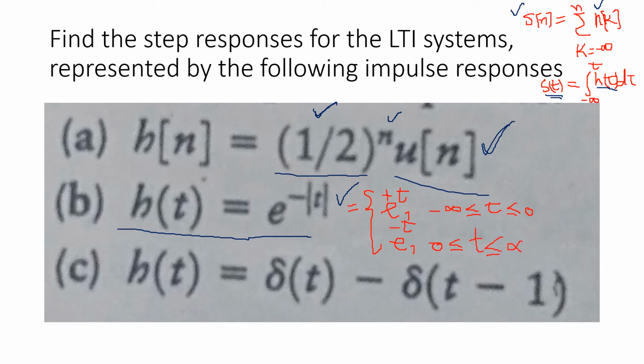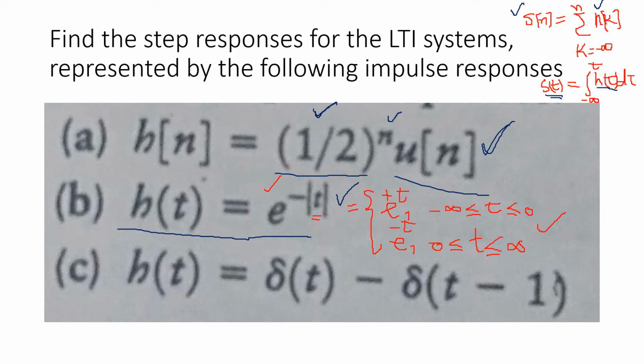So we can split it into two, and we can easily observe that the absolute sign signifies that whether t is positive or negative, this signal is an exponentially decaying signal. So this is how we can split it, and as a homework I give you to find the step response, because you have the equation.